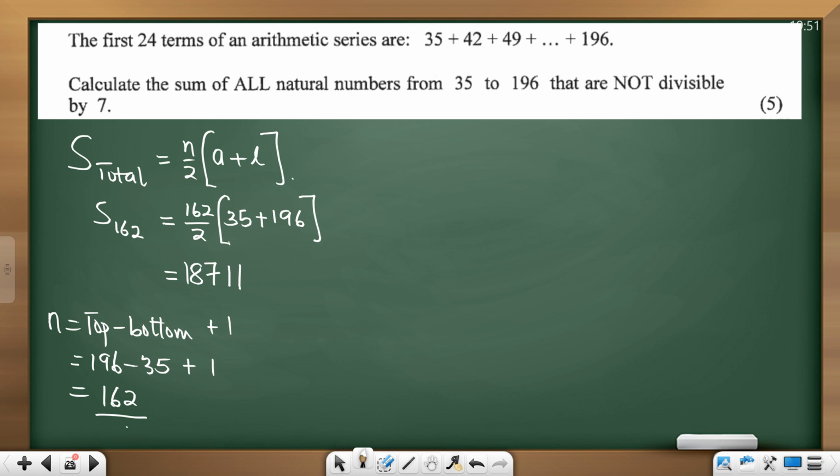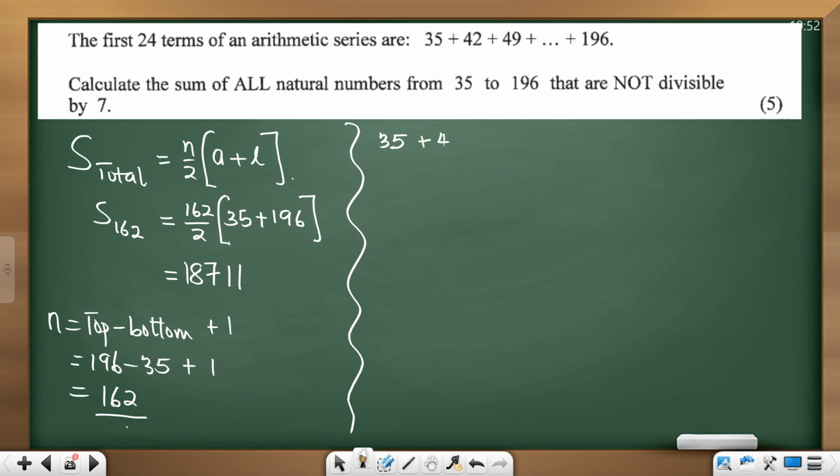Now, we want the sum of the numbers that are not divisible. This is the total. Can we get the sum of those that are divisible? Let's look at the first number that is divisible. Do you notice these numbers are in sevens? Okay, wait.